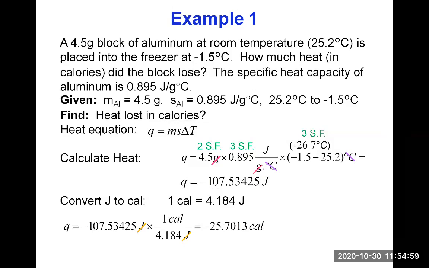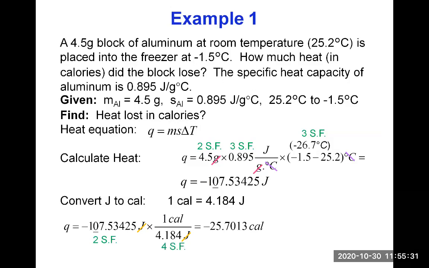So in the calculator, you do negative 107.53425 and more digits if your calculator had some, divided by 4.184, and that's negative 25.7013 calories. So now we are ready to round. Here we have 2 sig figs from the heat, that came from the mass.